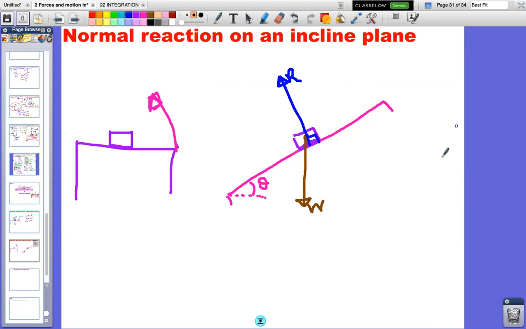Anna? No. No other force. Is there another force, Floria? This book is not sliding down. Friction. We haven't talked about friction yet, but there is a frictional force on the book acting upwards to keep the book at rest.